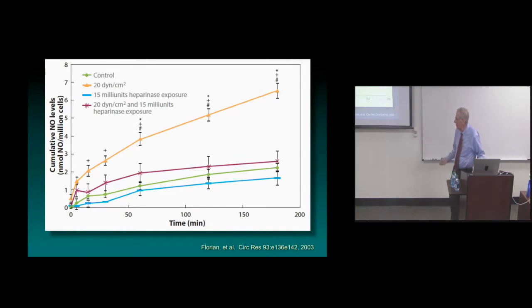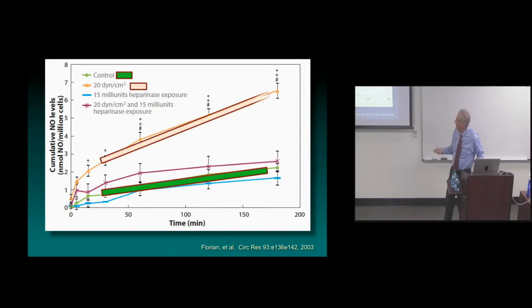This is an example from a paper in 2003, where they measured nitric oxide levels over endothelial cells over time, and they're flowing things over this, so there's shear stress on it. In the controls, there's very low nitric oxide production, the green here. In those where the shear stress is increased by flow, there's definitely an increased amount of nitric oxide production.